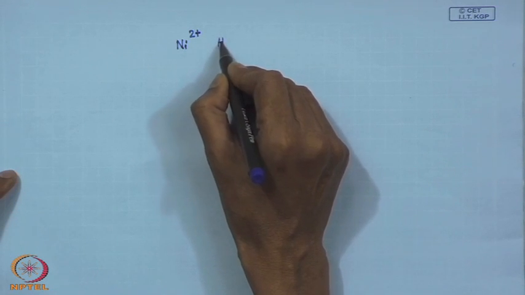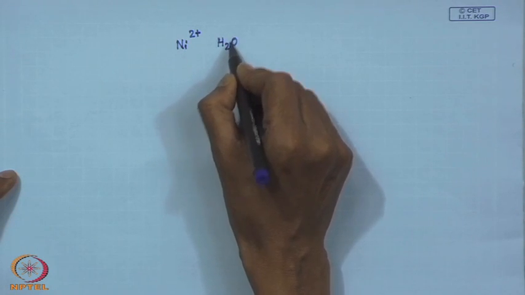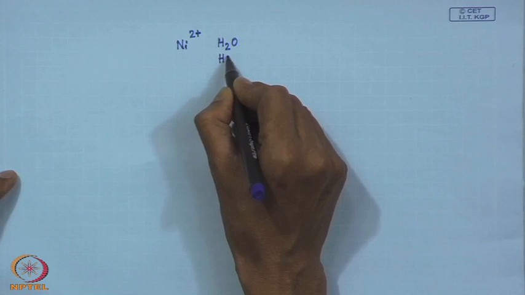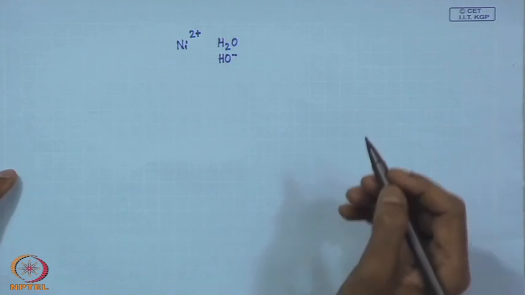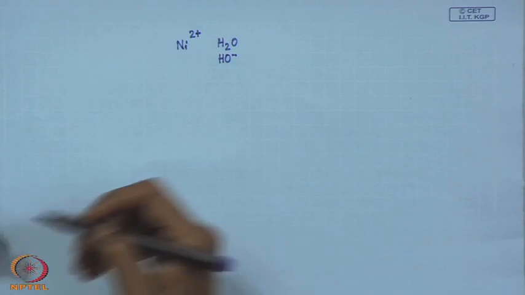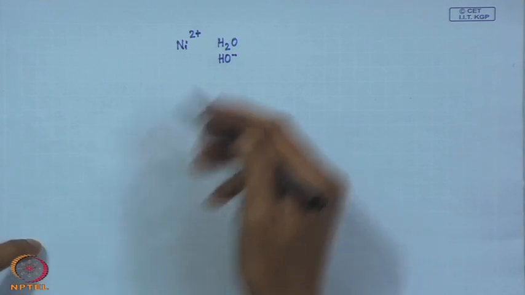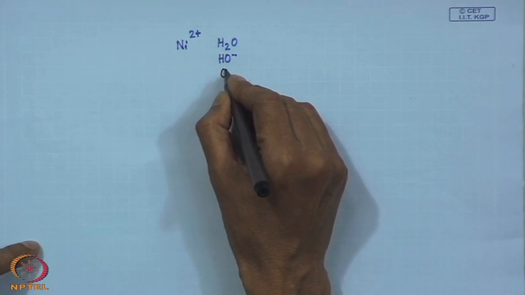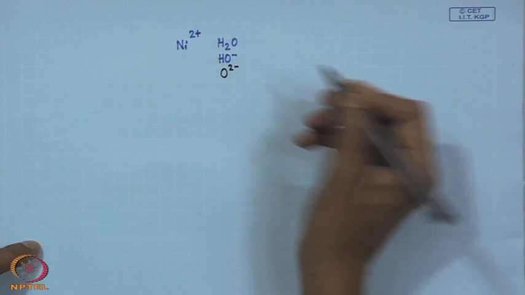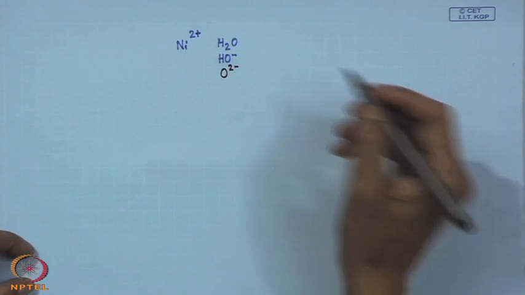It can be our simple water molecules, it can be the hydroxide ion when we get the nickel hydroxides, including the corresponding doubly deprotonated species like the oxide anion.